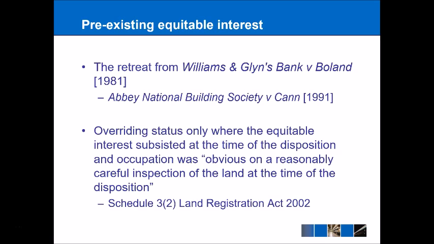However, since 1981 there has been very much a retreat away from this Boland principle, most notably seen in the case of Abbey National Building Society in Cann 1991, but there have been other cases as well.